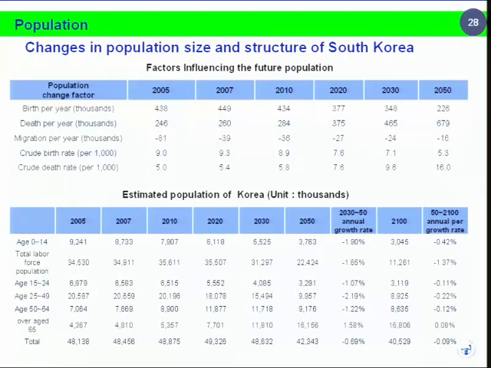However, it will peak somewhere near the year 2020 to 2030, at almost 50 million, and then it will decrease to around 40 million by the year 2100. That's some big amount. But there are other scenarios which say we may sustain 45 to 50 million.